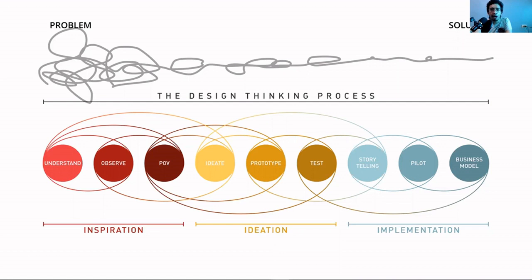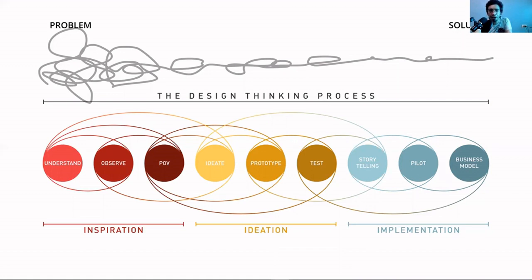The design thinking process is actually similar to going from problem to solution, which is represented with a scribble line until you move forward. It forms similar to a straight line.